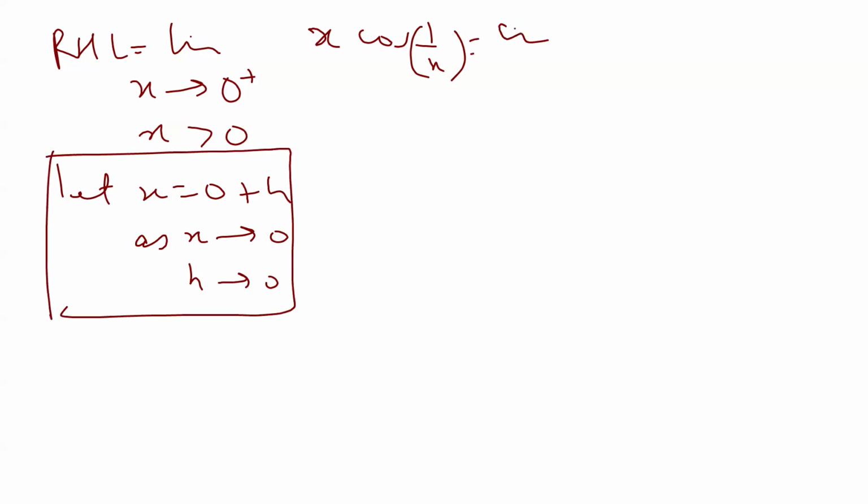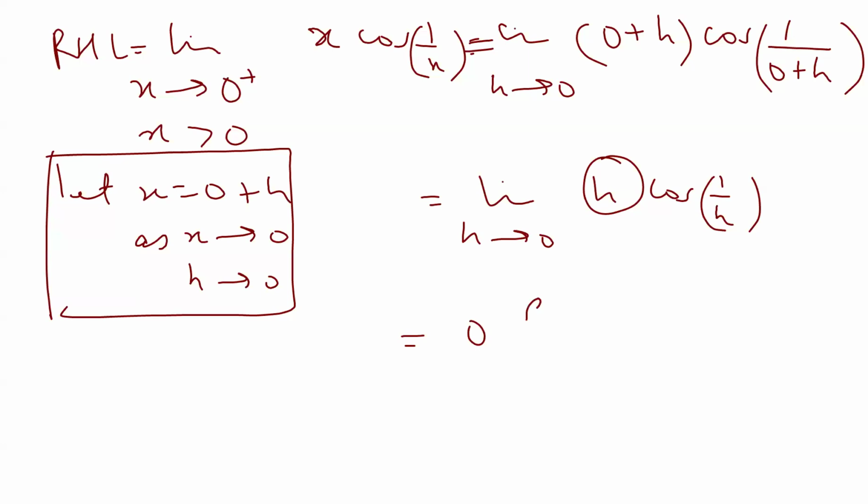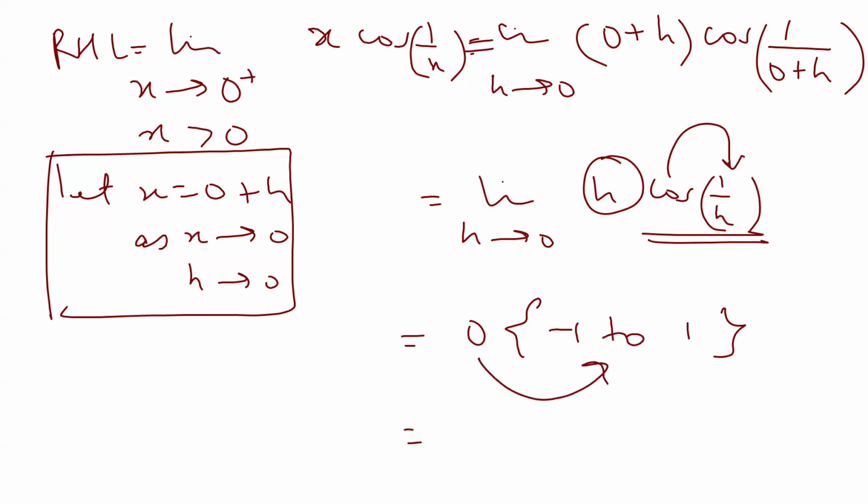So this is equal to limit h approaching 0, 0 plus h, cos of 1 by 0 plus h. Same logic. This h is 0 and cos of any angle lies between -1 to 1. So 0 into this will be 0.